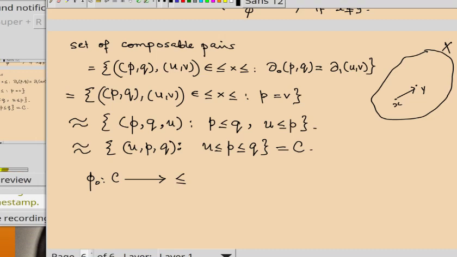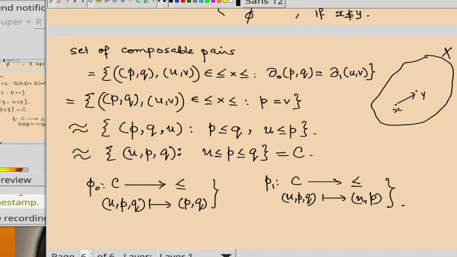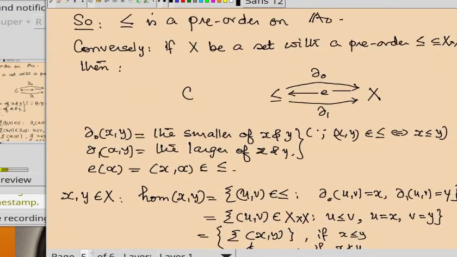Remember, it takes the first, so it takes over here the next two coordinates, the second and the third. P1 is from, this will therefore take UV, so UP actually, the first two coordinates. So that's my P0 and P1.